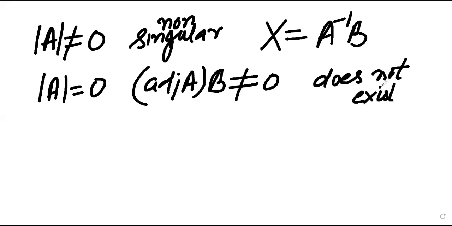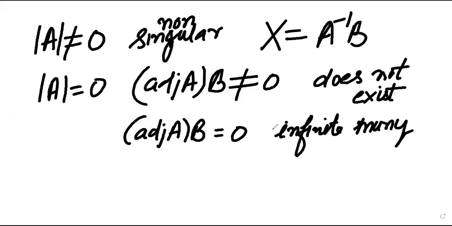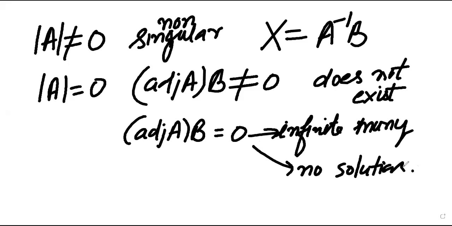If adjoint of A into B comes equal to 0, then it may be consistent or inconsistent, both can be possible, and it may have infinitely many solutions or no solution, both can be possible. So this is what we learned.